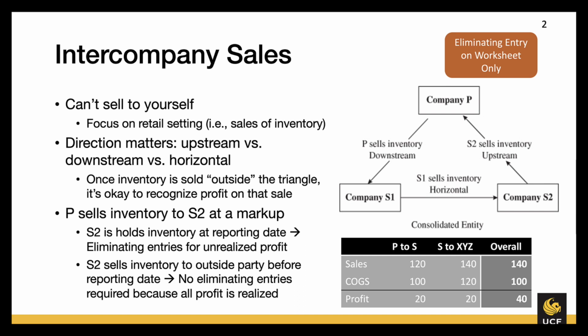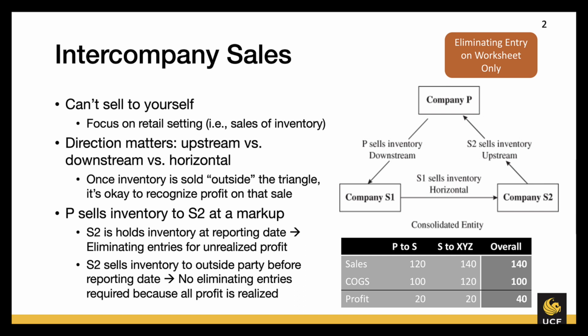If you look at the small chart at the bottom right, we see that in the first column, our parent is selling to our subsidiary. And so let's say they have sales of $120 and their associated cost of goods sold is $100. So they purchased goods for $100, marked them up by $20, and then sold them to their subsidiary for a profit of $20. When our subsidiary gets those goods, their cost of goods sold is $120 because that's how much they bought them for.